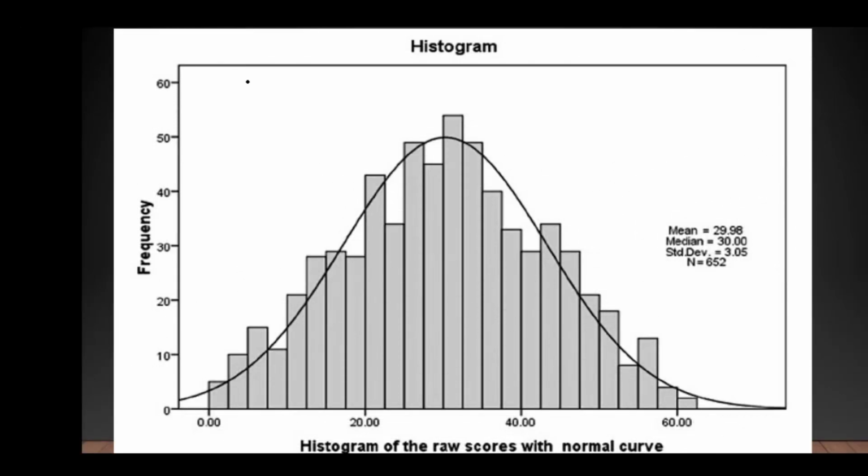So I just want to review from last chapter the relationship between histograms, which are these bins down here, and the normal curve, which is here.